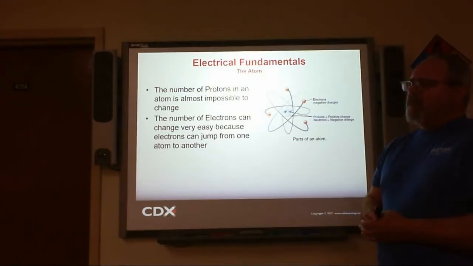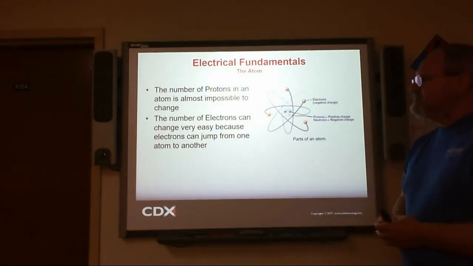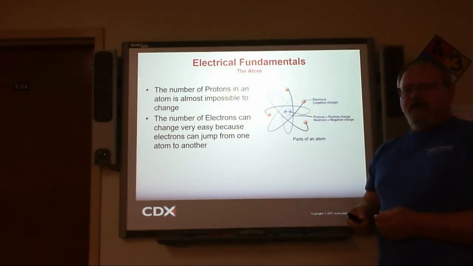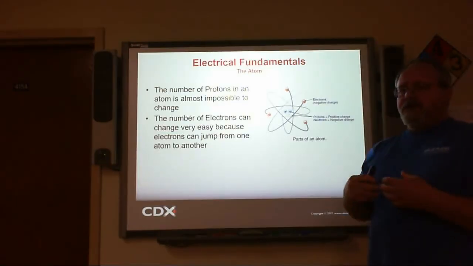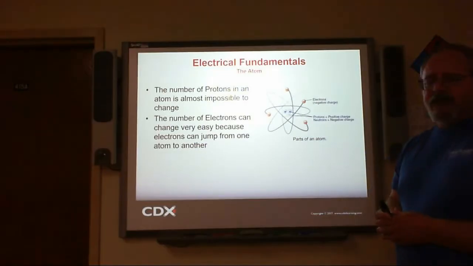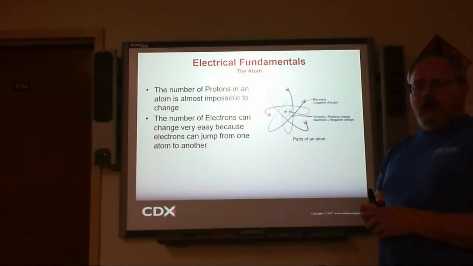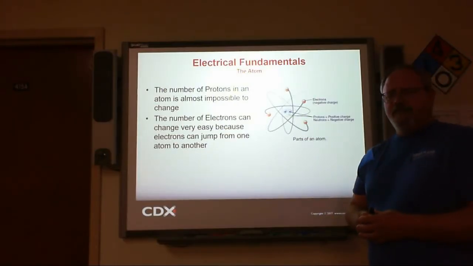Now, when it comes to matter, the number of protons in the nucleus determine what that element is. And that number of protons is almost impossible to change. You could say that it is impossible to change, but we learned back in the 40s with the atomic bomb, that nucleus can be changed.